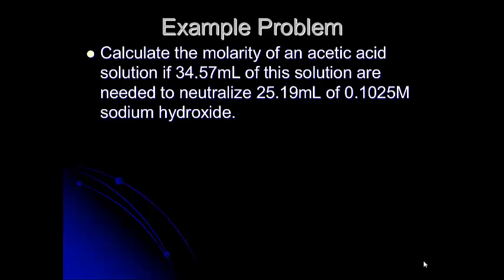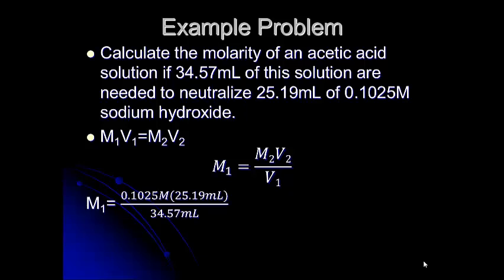So let's take a look at setting this up. Again, use your formula, M1V1 equals M2V2 from the formulas page of your reference table. And then when we solve for M1, we're going to divide both sides by V1, and it's going to give you M2V2 over V1. And then you'll just substitute in your numbers, so 0.1025 molar times 25.19 milliliters divided by 34.57 milliliters.